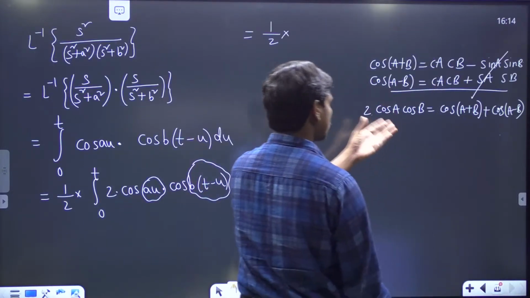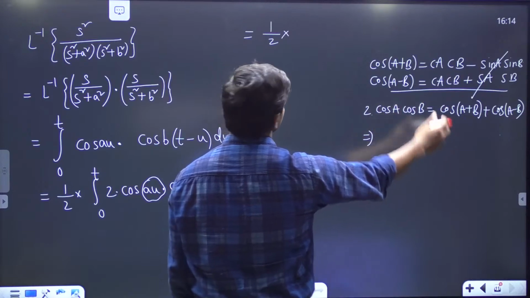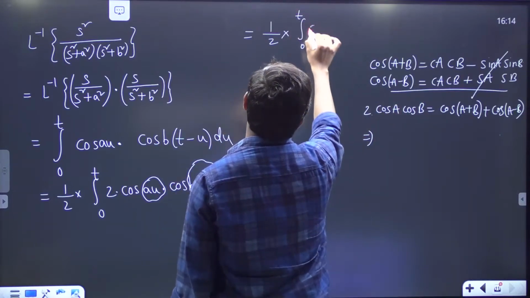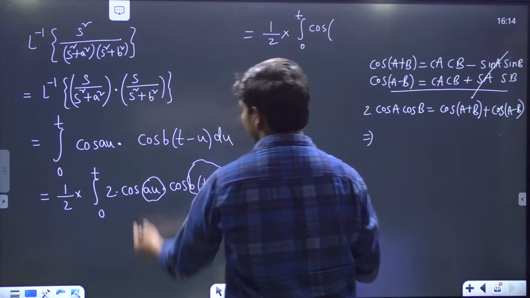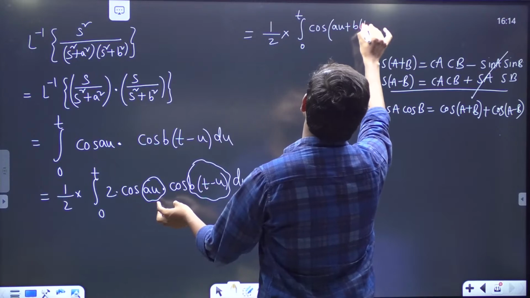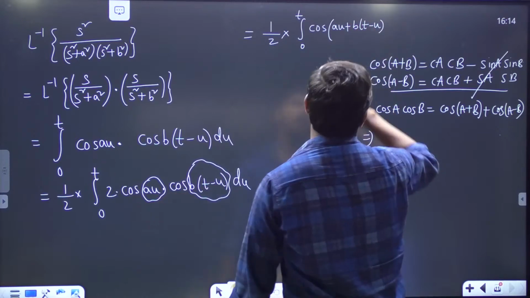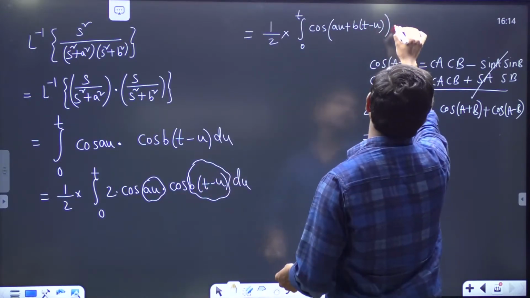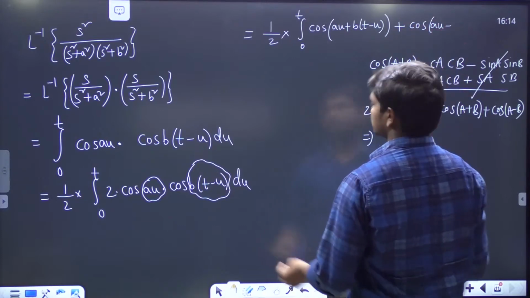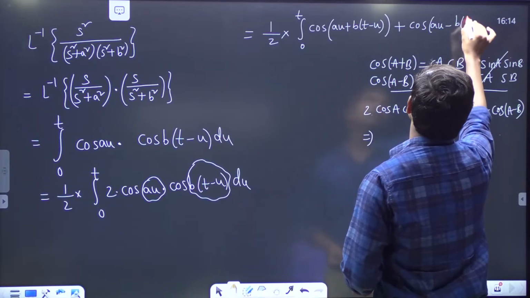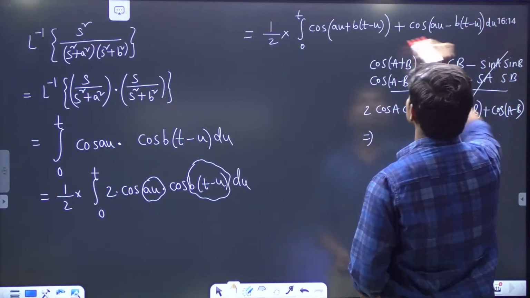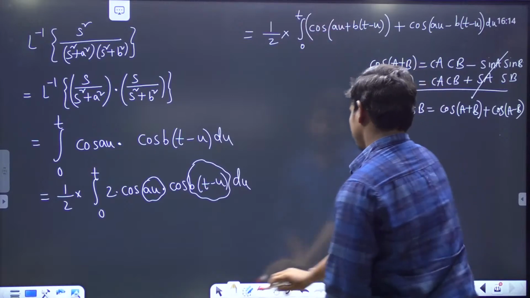Now if you use this analysis, 2 cos a cos b can be written as the integral from 0 to t of cos(a + b), that is cos(au + b(t − u)), plus cos(au − b(t − u)), du.